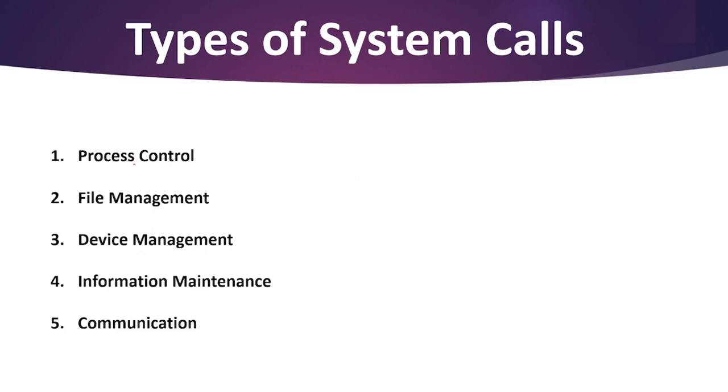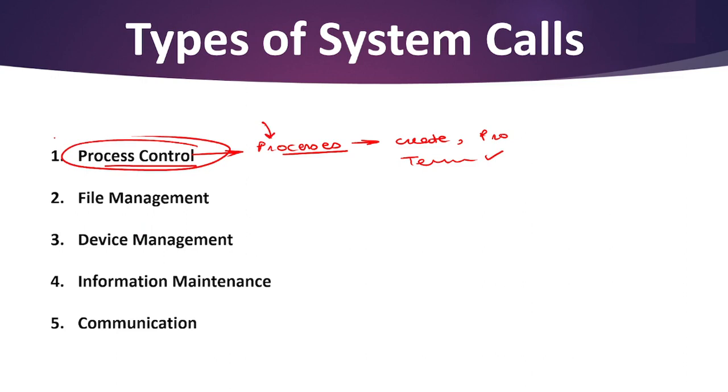If we talk about types, there are mainly five. First and important is process control. These system calls deal with processes. As its name implies, it always deals with processes, and it helps the operating system to create a process. It also helps to terminate a process, etc. Anything you want to do with a process is always done with the process control type.